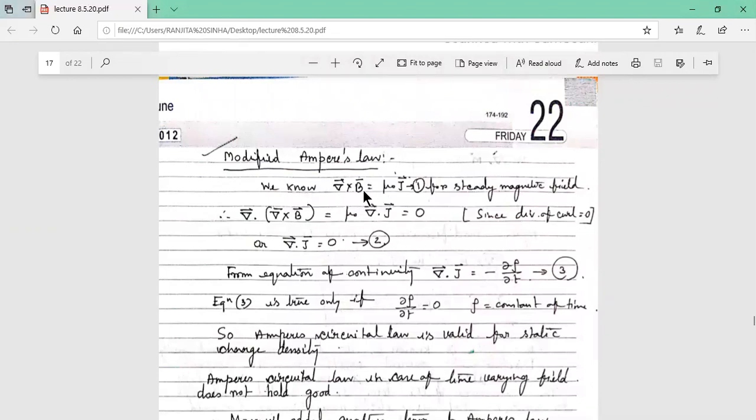Now what do we know? Curl of B equal to mu 0 J. What is that law?